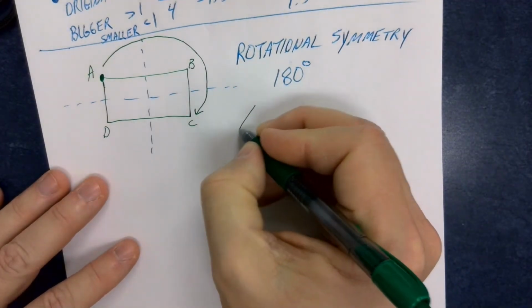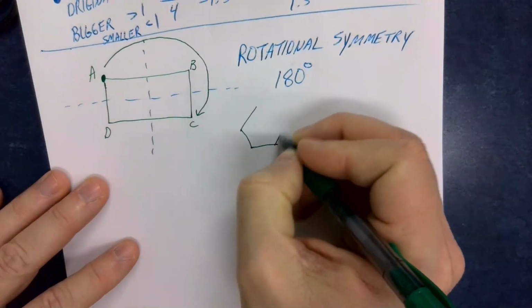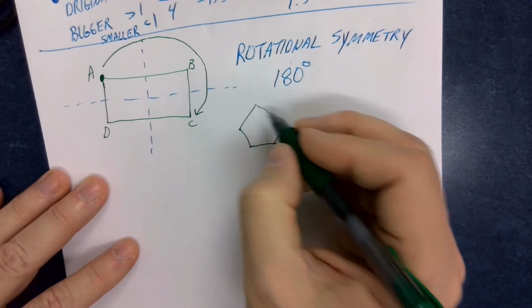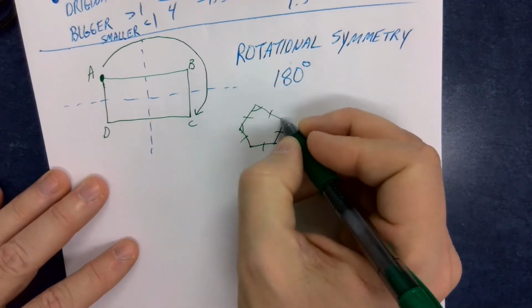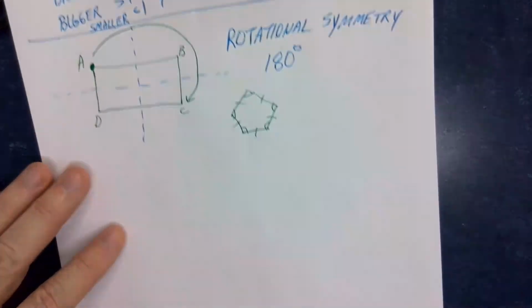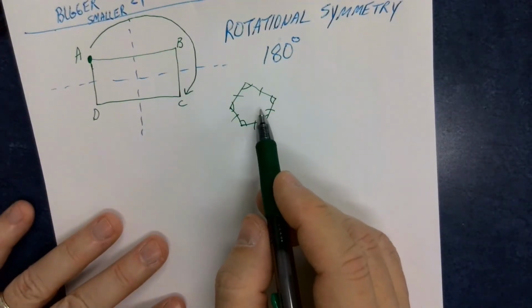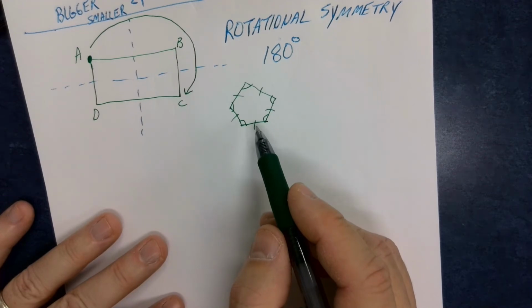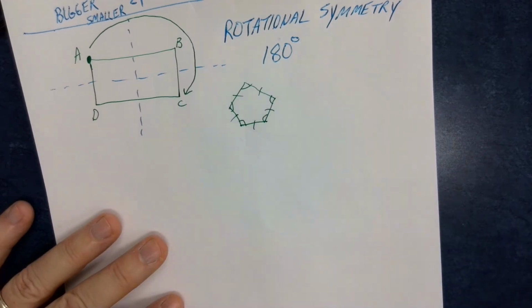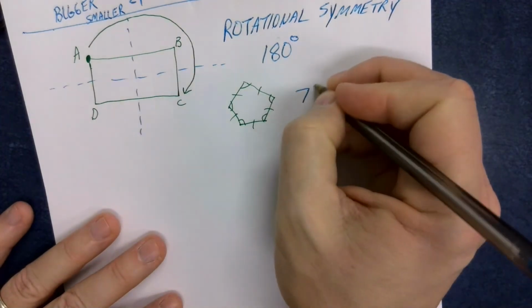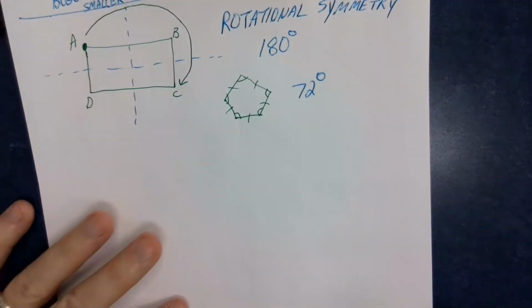Whereas if we had this shape right here, and this was a regular pentagon, this one does also have rotational symmetry, yes? But it has rotational symmetry of 72 degrees.